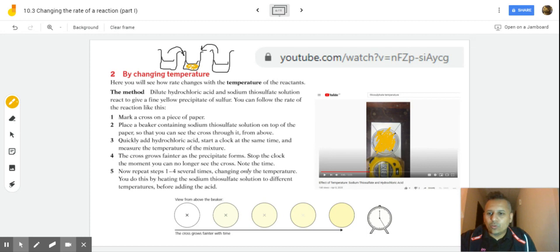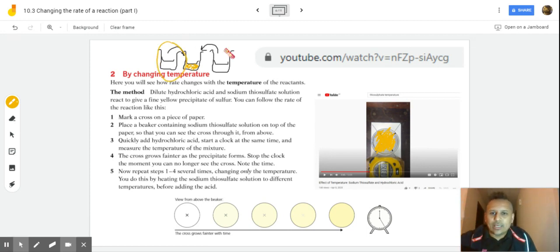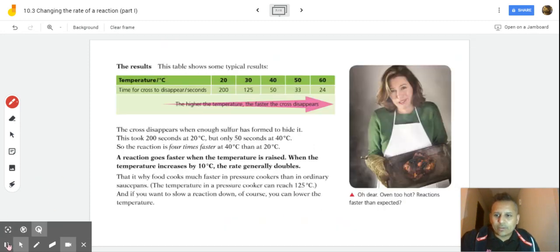Okay, so what you can do is keep the concentrations of both of these exactly the same, but raise the temperature. So if you raise the temperature and keep the concentrations the same and keep everything else the same, the volumes the same, etc., you can then track how the temperature change affects the time it takes for the cross to disappear.